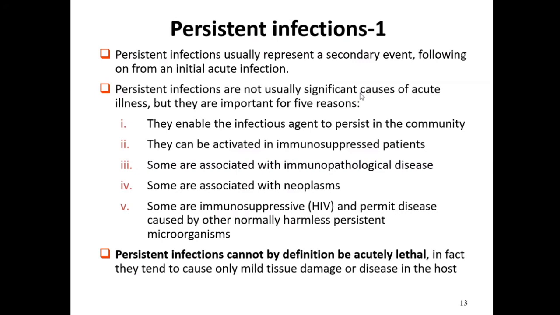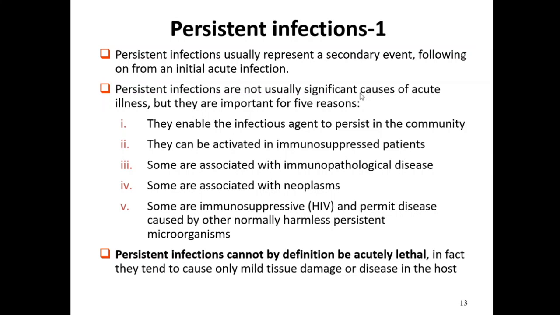Following the initial acute infection comes persistent infection, and these are not usually a significant cause of acute illness. In case a virus has this persistent infection, there is no acute illness there.